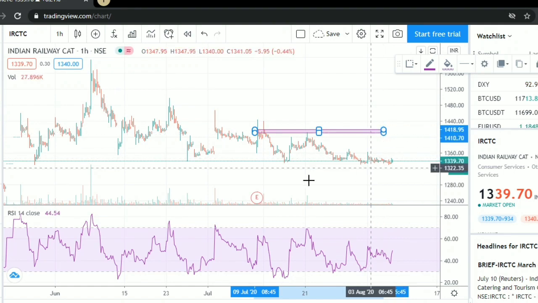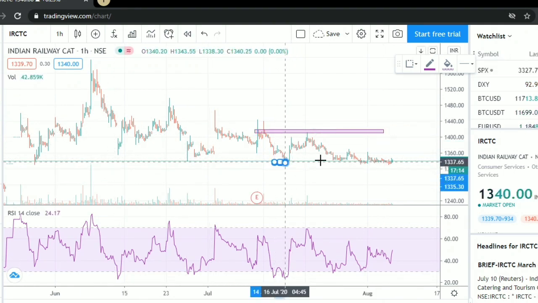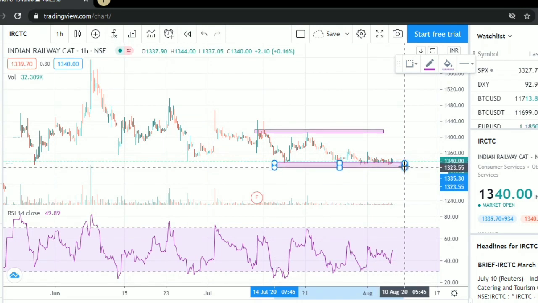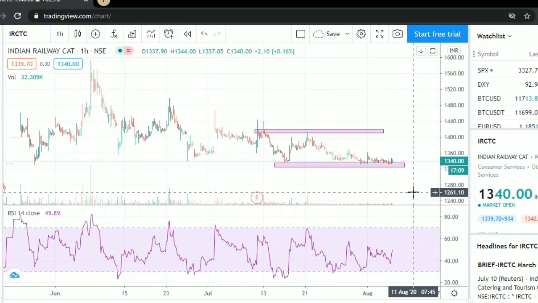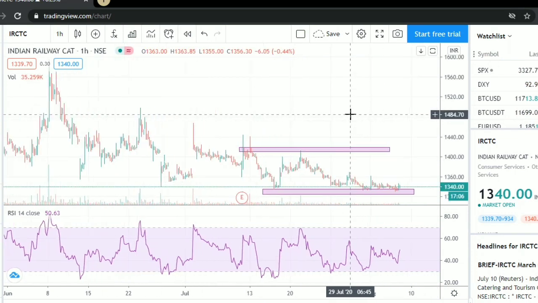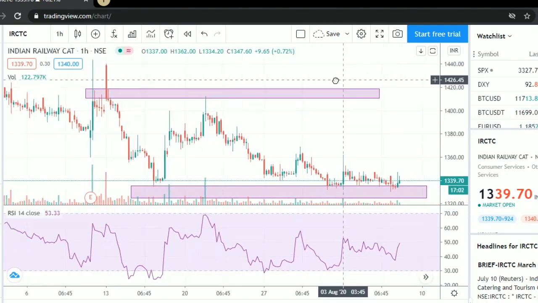Whenever the price reaches 1400, it will come down, and as soon as it reaches 1300 it will go up. That is how it normally goes, but it does not mean that it will happen every time. Sometimes it will break the support and go down also, sometimes it will break the resistance and go up also.